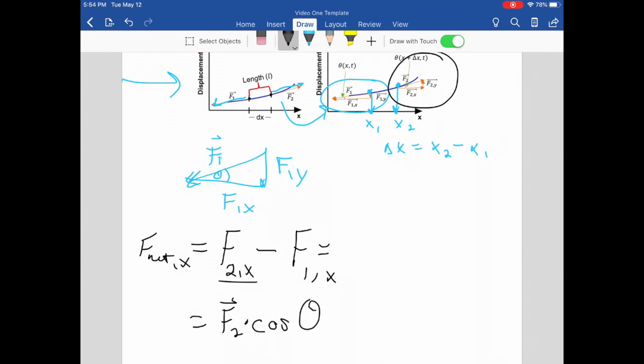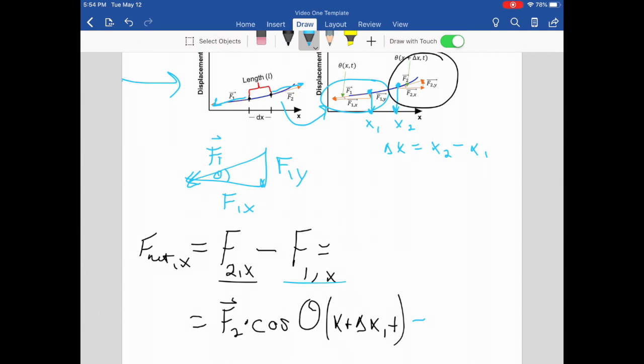Now, we do need to label this with respect to where we are on the graph. So since this is with respect to x2, we need to go ahead and say x plus delta x, which is the difference between x1 and x2, and during some snapshot in time. And then we need to go ahead and fill in the space for F1x.